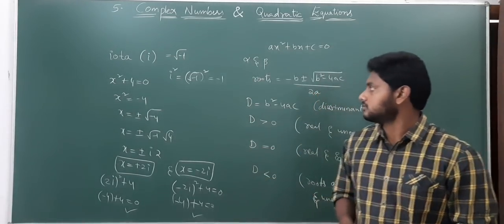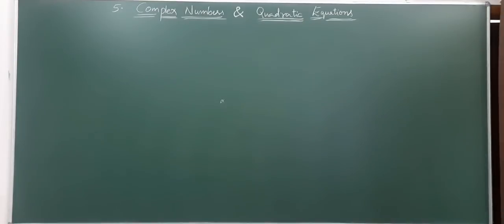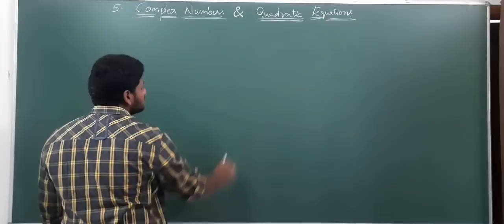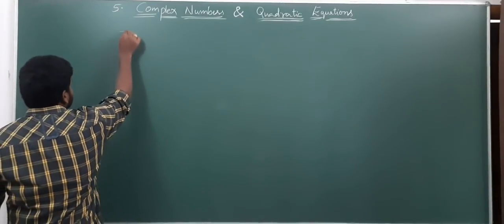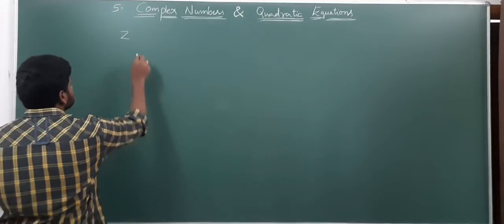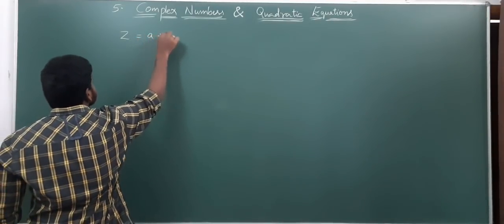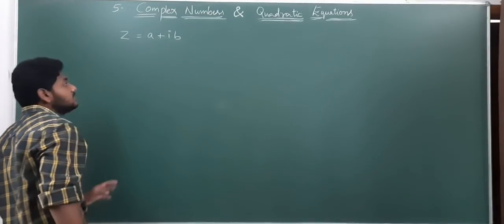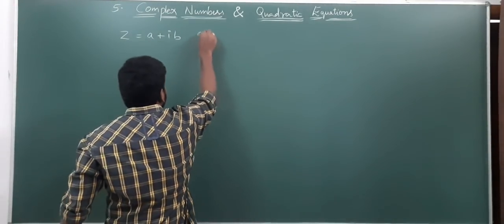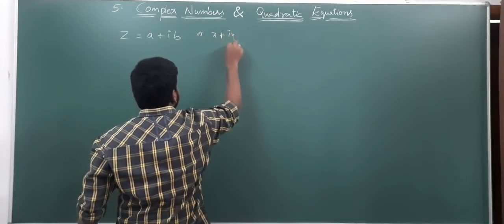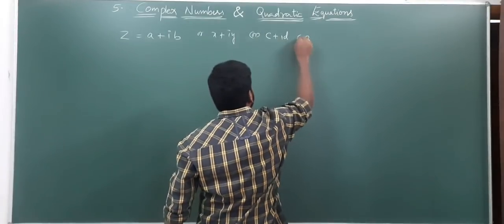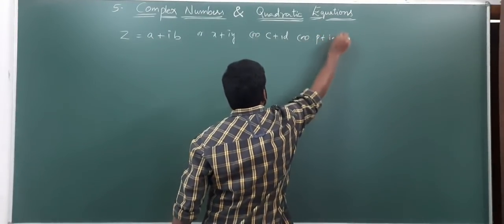Pause the video to note it down. So what is the form of a complex number? The complex number is generally denoted with capital Z, which is equal to a plus ib. A complex number is in this form: either a plus ib, or x plus iy, or c plus id, or p plus iq.